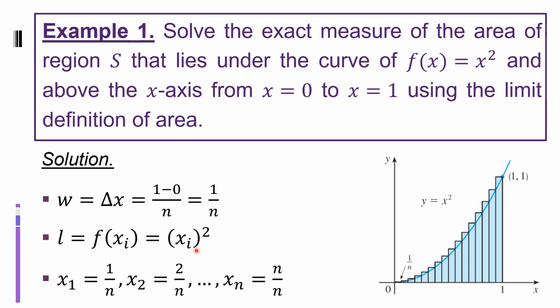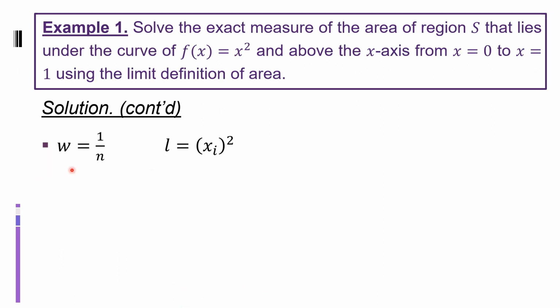So, yung length natin is, for the first rectangle, we have 1 over n squared. Kasi nga, yun yung ating function value. Kasi ang function natin is x squared, di ba? So, 1 over n squared. Yung second na length natin is 2 over n squared up to n over n squared. So, we know that our width is 1 over n at yung length natin is x sub i squared.